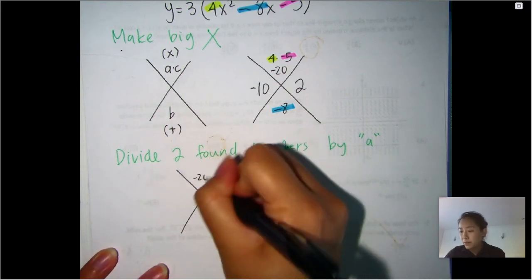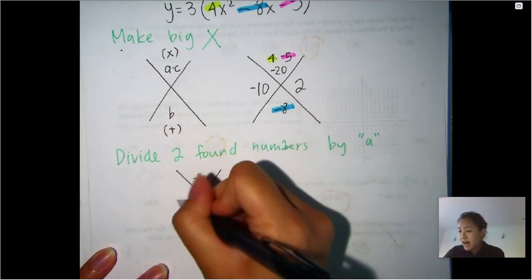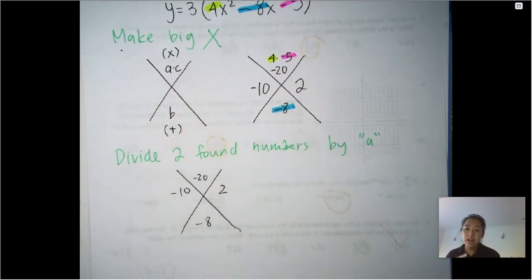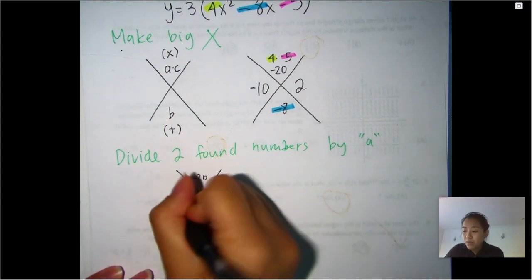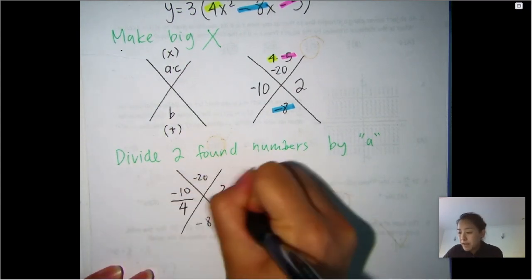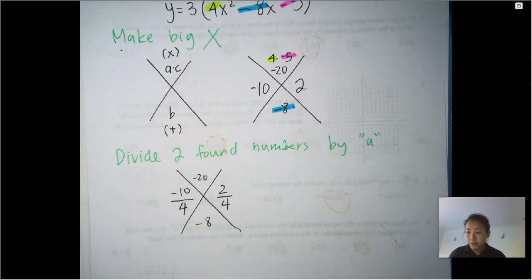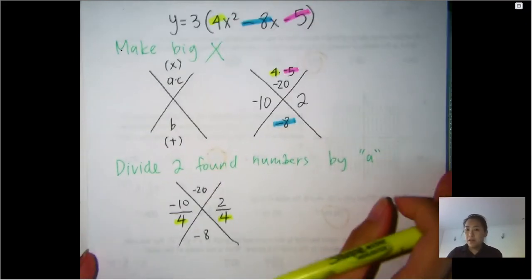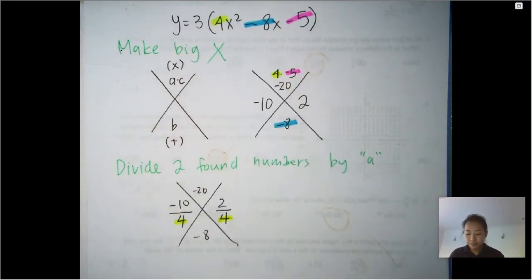So we have negative 20 from before, negative 8, negative 10, and 2. Those were the two numbers we found that multiplied to negative 20 and added up to negative 8. We're going to divide both of these by 4. And again, that 4 was the A value from before.